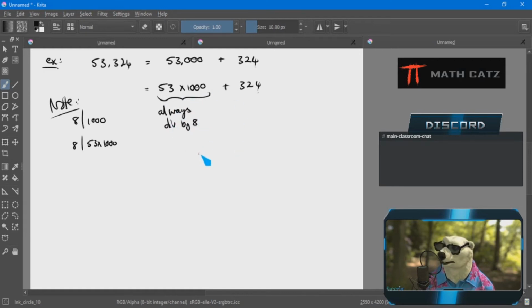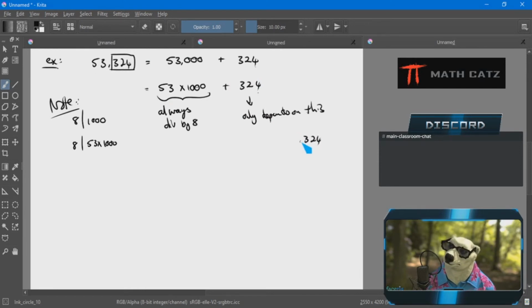And now I'm back on track, where my divisibility by 8 for the original number is only going to depend on this last number. Where does this number come from? From the last three digits. Then I can see, does 8 go into 324? It's 3 digits, which is unfortunate, but it is a simpler number to look at compared to the original.